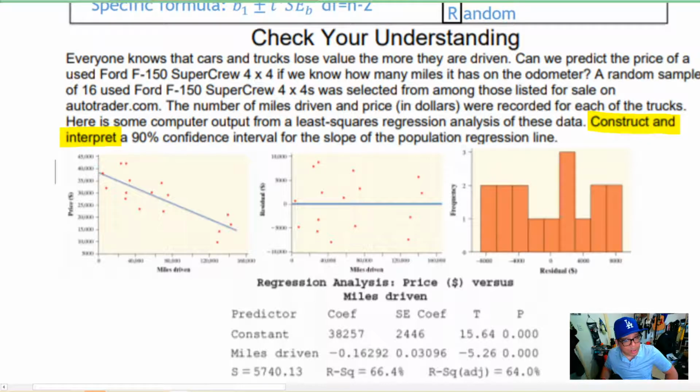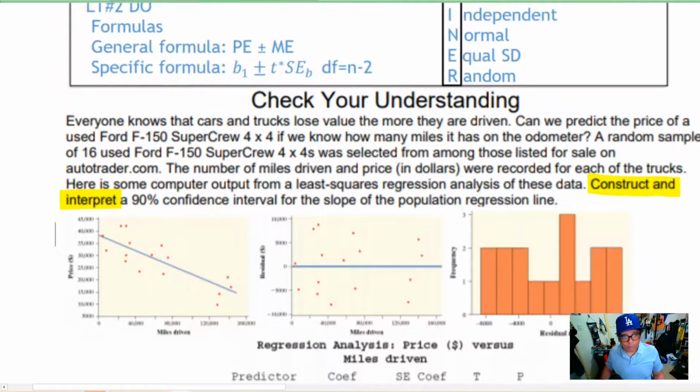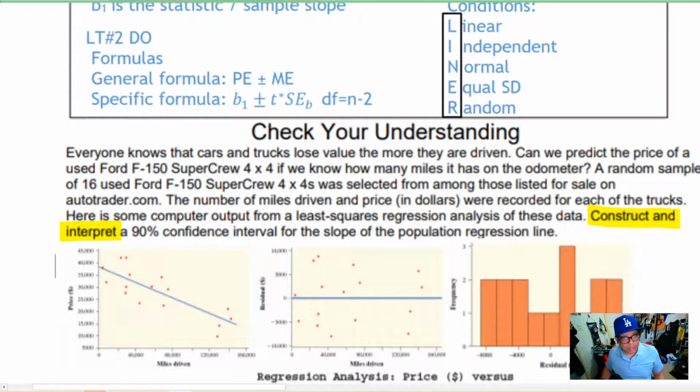The residual plot over here in the middle definitely doesn't look like a sideways Christmas tree, and there doesn't seem to be a curve in it. And the residuals themselves don't look non-normal. There's no strong skew, there's no outliers. So it looks as though we would be ready to go with the LINER conditions.